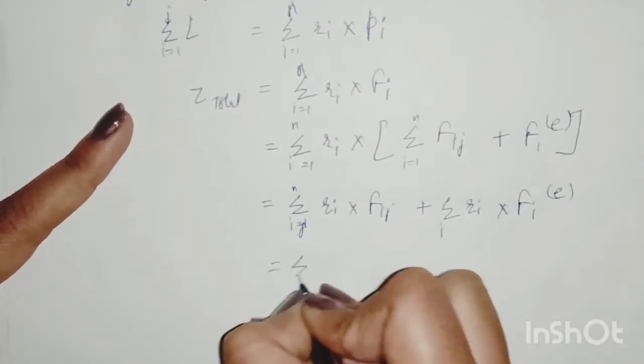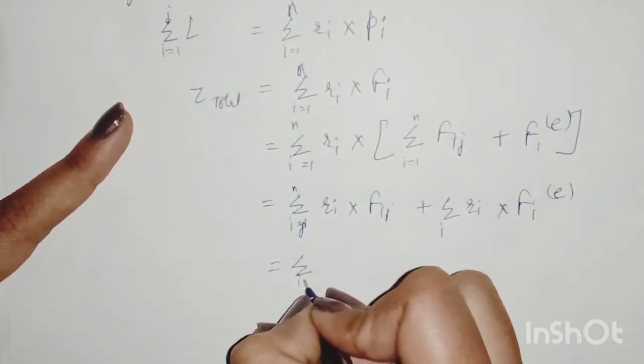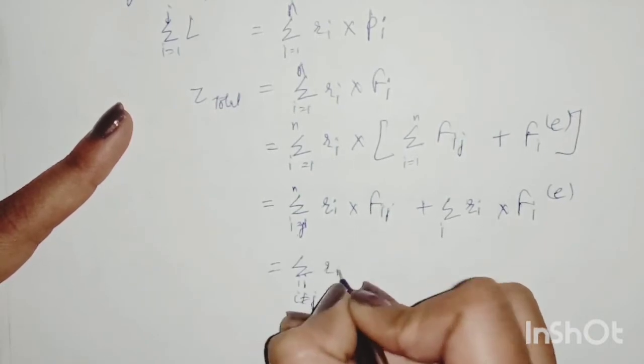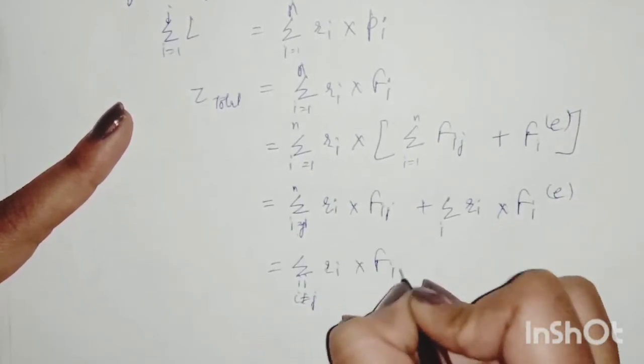So we can write summation ij, when i is not equal to j, ri cross Fij.